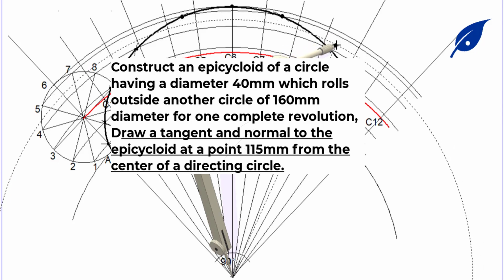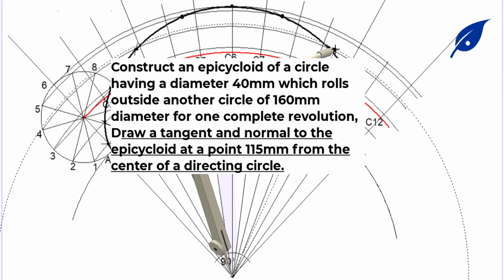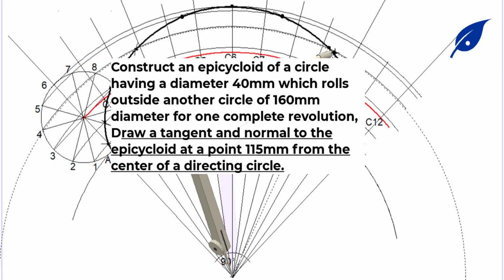Now I'm going to use green color for emphasis sake. We're using this green color so that we can get this point. So now we are going to describe that point so that we can bring out the required tangent and the normal.